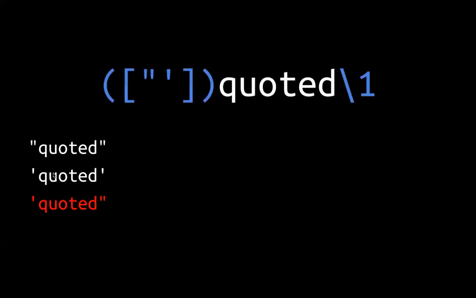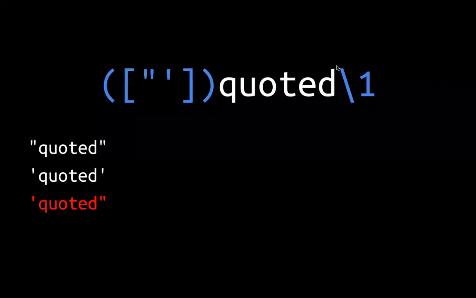So how would we match this? It turns out, we can use a character class at the beginning, right? To match either a double quote or a single quote, followed by the string quoted, right?